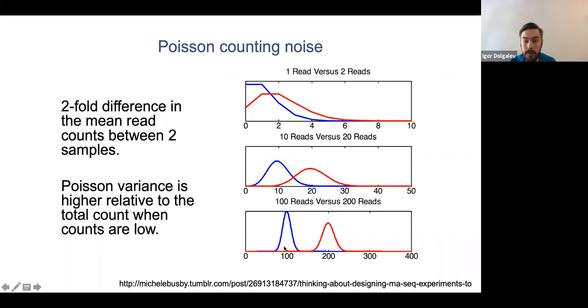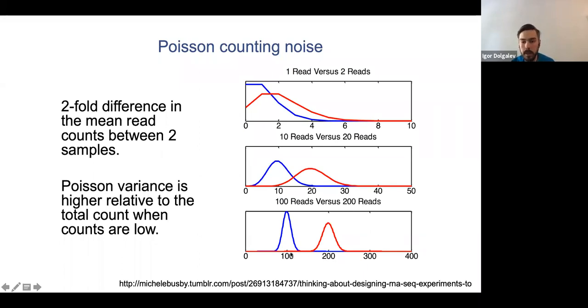And then finally here, if you go to 100 reads, instead of sampling once or 10 times, you're now sampling 100 times, and all of a sudden the distribution becomes a lot more narrow. Here at 100 reads, you have a very clear peak in the blue sample, and at 200 reads, you have a very clear peak in the red sample. If you look really closely, there's a very minor chance that this sample actually has closer to 200 reads, and this sample might have closer to 100 reads.